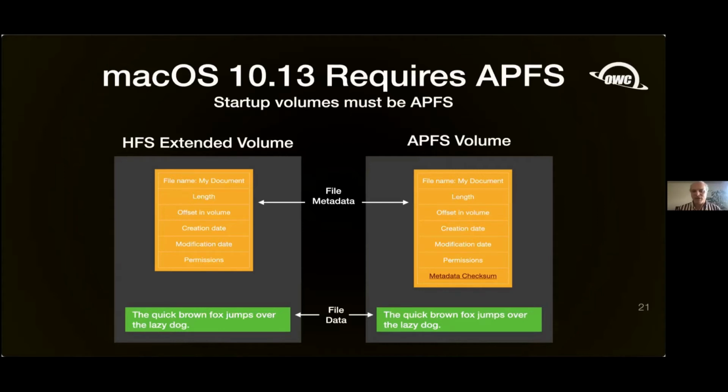It takes maybe 3 or 4 iterations on HFS. We can run it 50, 100 times on APFS. The volume still mounts just fine. So I think the proof is in the pudding. I think they've done a really good job on making volumes more robust in terms of surviving kernel panics or power loss or cable disconnects.